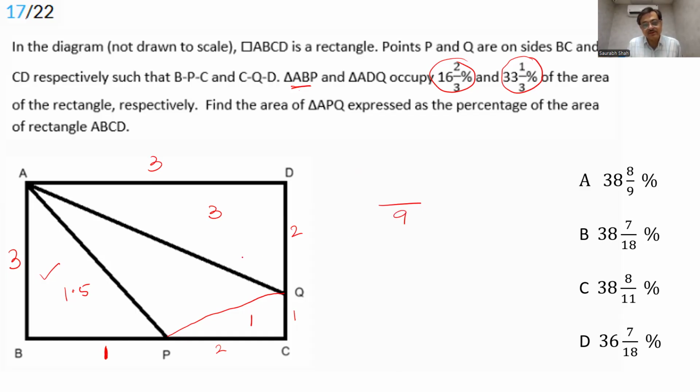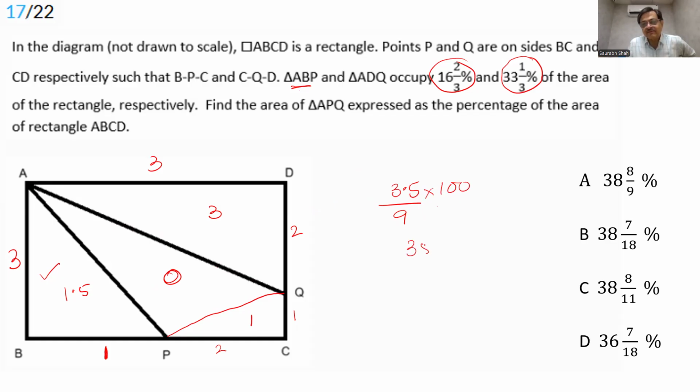And the areas of the three triangles put together is 3 plus 1, 4, and 4 plus 1.5, 5.5. So the remaining area for the central triangle left is 9 minus 5.5, which is 3.5. So the fraction required is 3.5 by 9. And to convert it into percentage, multiply by 100.